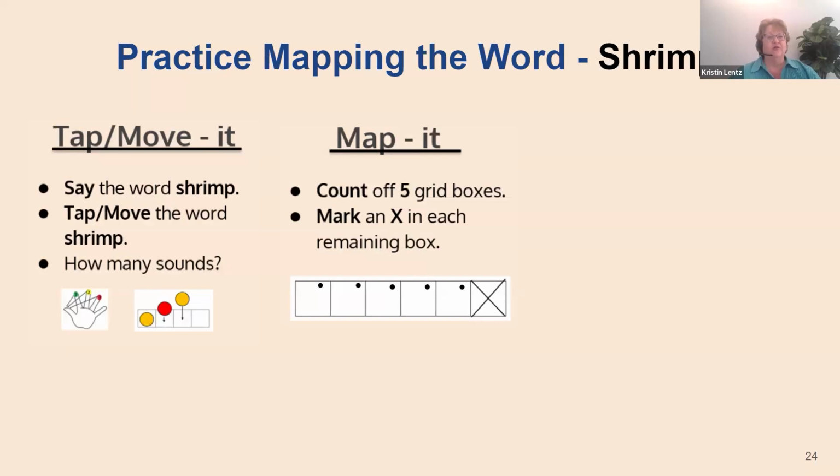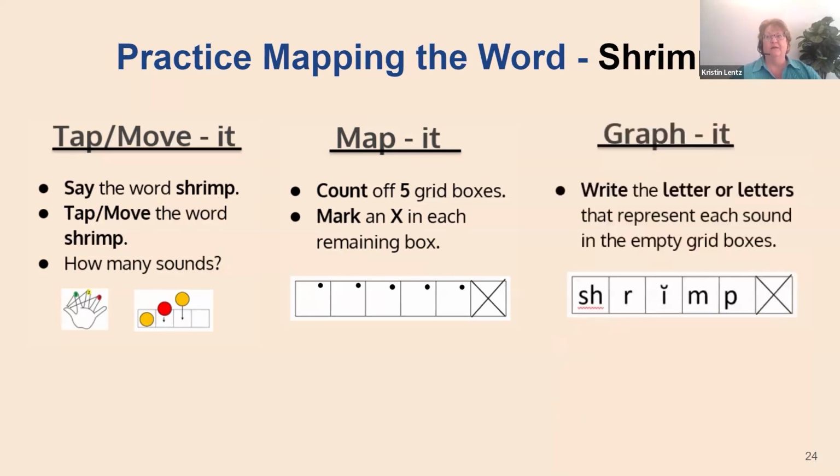I might dot shrimp. So I segment it softly to myself as I dot each box. I put a dot in each box. Then I might graph it. Now, I know that there were 5 sounds because I've dotted 5 boxes.